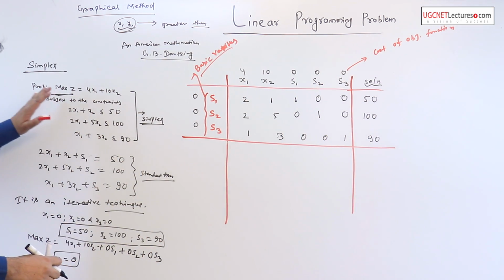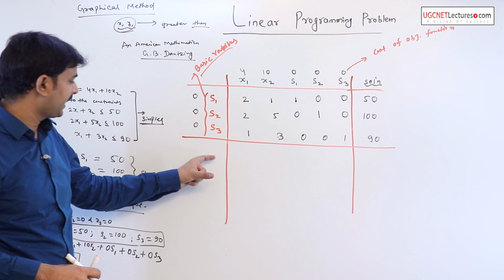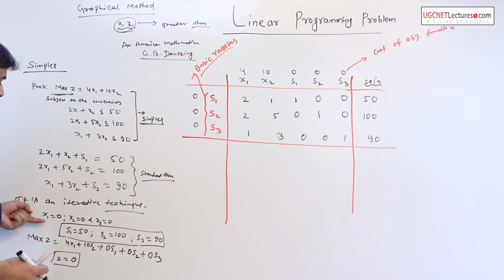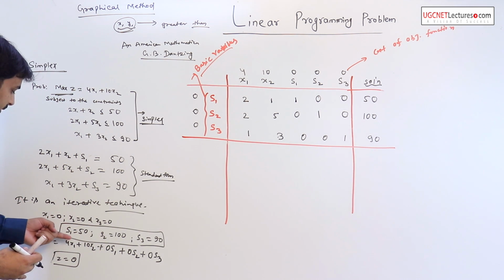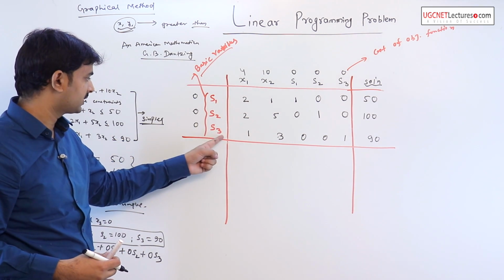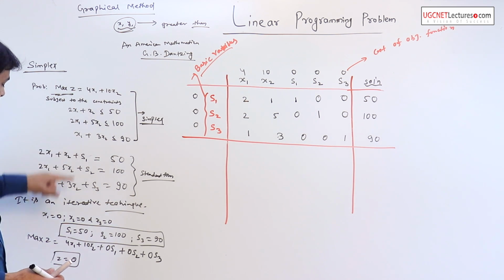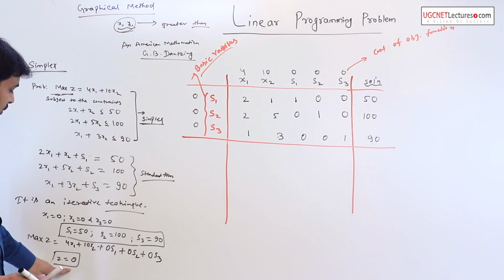So the first step is we have to write the problem in its standard form, and for the Simplex method we have to start with some basic variables s1, s2, s3 to find the maximization of z. Here the maximization of z is equal to 0.